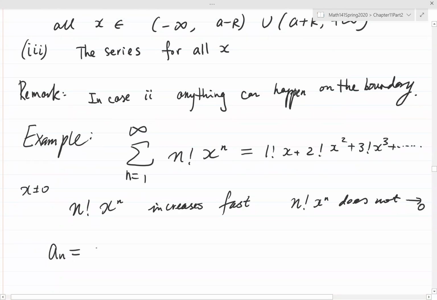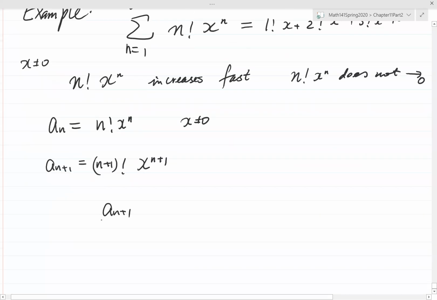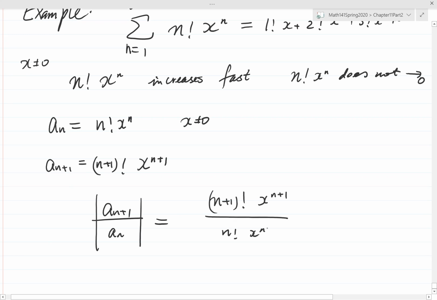Here an is n factorial x to the n, with x non-zero. Then an plus 1 is n plus 1 factorial x to the n plus 1. You find the ratio of an plus 1 over an, taking the absolute value. This is n plus 1 times absolute value of x, very easy algebra.